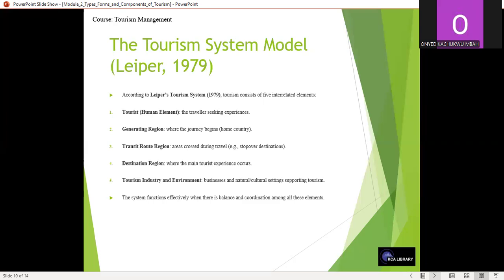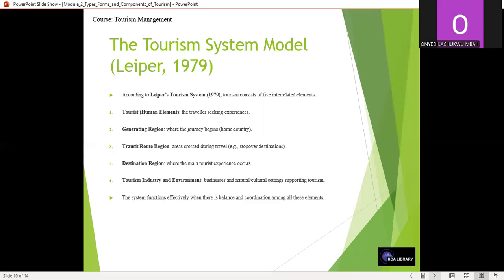According to Leiper's tourism system of 1979, tourism consists of 5 interrelated elements. Number 1, the tourist, that is the human element, the traveler seeking experiences. Number 2, we have the generating region, where the journey begins. That is your home country.